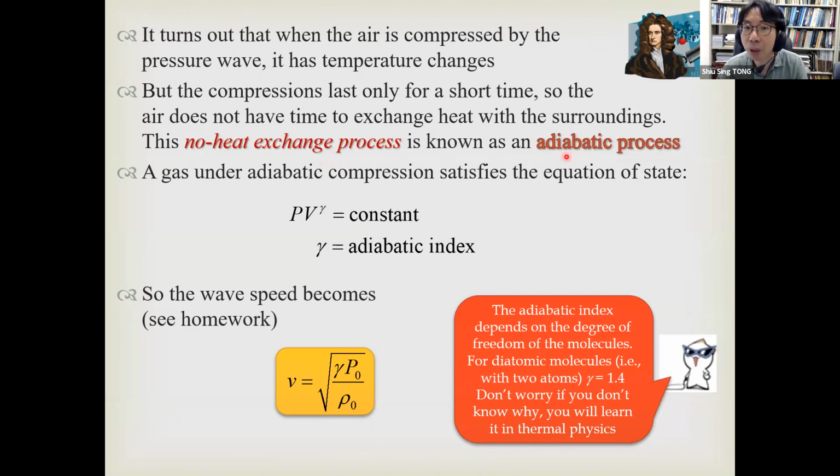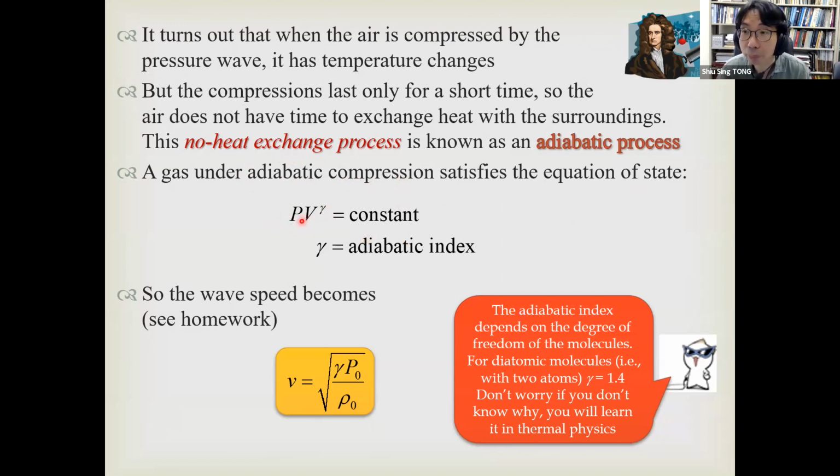So that means the process is happening adiabatically. It's a so-called adiabatic process. Adiabatic means no heat exchange. The gas is compressed or rarefied without exchanging heat with the surroundings. And a gas under adiabatic compression will satisfy a different equation of state.